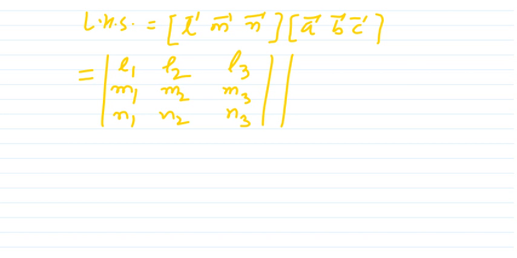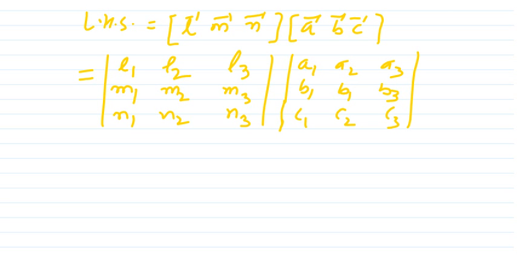Similarly, the second scalar triple product is also a determinant, the first row of which is A1, A2, A3. The second row is B1, B2, B3. The third row is C1, C2, C3. So this is the product of two determinants.